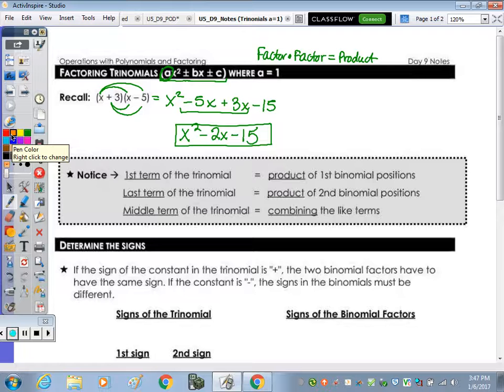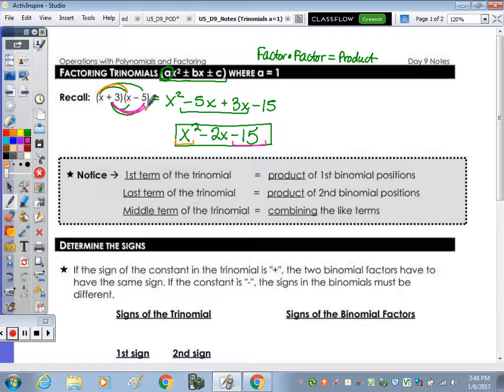In the table below, it says, notice that the first term of the trinomial, x squared, is the product of the first terms in your binomials. So x times x, they both come first. The last term, that negative 15, is the product of the last two members of the binomials.